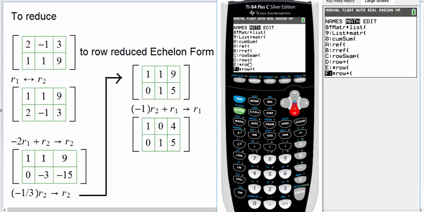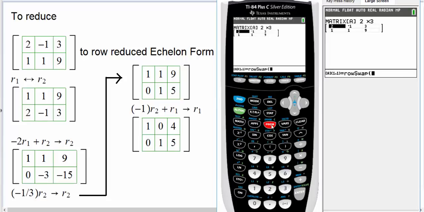Let's choose our row swap option. This is part C, so we can just go to alpha and see where C is. C is right here.